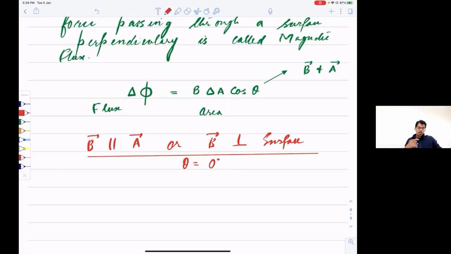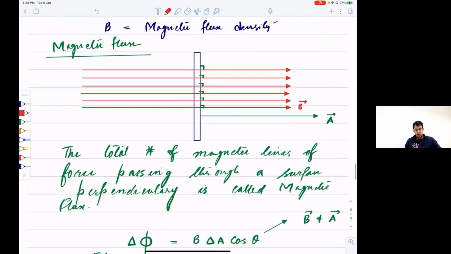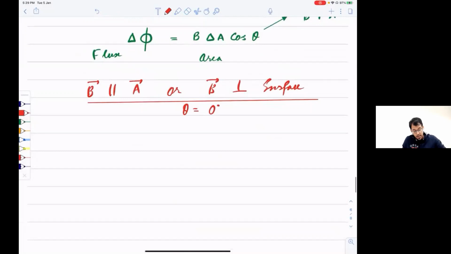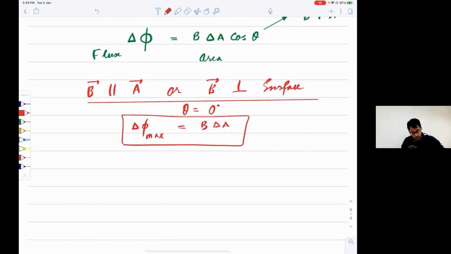If B is parallel to area, it means that B is perpendicular to the surface. You can see in this diagram that B is perpendicular to the surface. That's why it became parallel to area. So theta is 0. In such condition, if we calculate the flux, that flux will be maximum. Why maximum? Because cos 0 is actually 1.